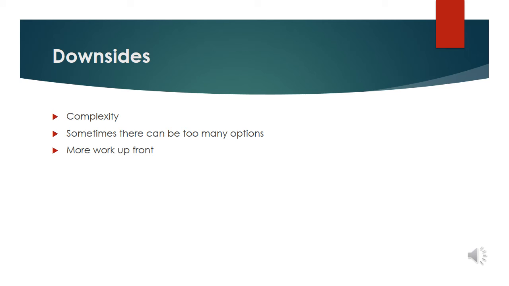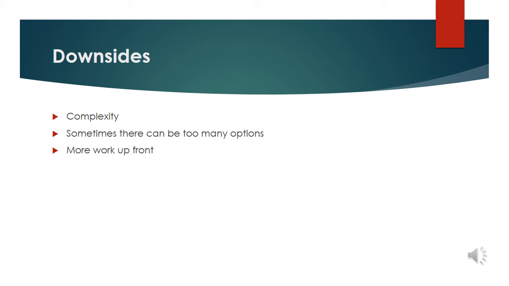Downsides. Complexity. In some ways, the strategy design pattern can be seen as being more work or more complex because you need to create separate classes for each algorithm you want to implement. Sometimes there can be too many options. Having options is good, but if you have so many different algorithm choices that the client doesn't know which to choose, your program can suffer.